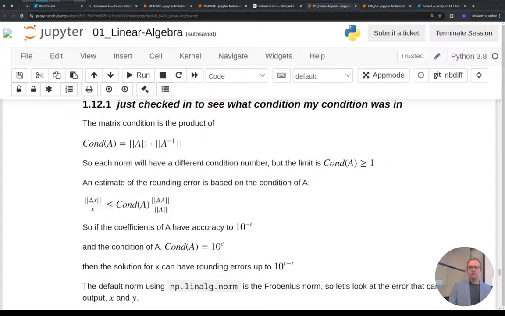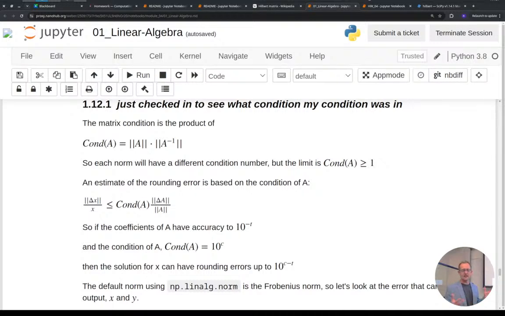So the condition number definition: matrices don't really have a magnitude. They're not a vector with a magnitude and a direction. They're almost like multiple magnitudes and directions depending on what shape they are, or I guess how many levels there are to the array. But one way of generalizing that magnitude idea is the norm.